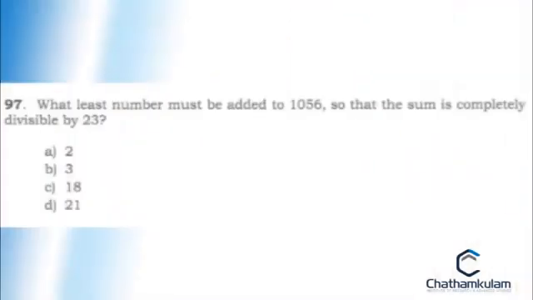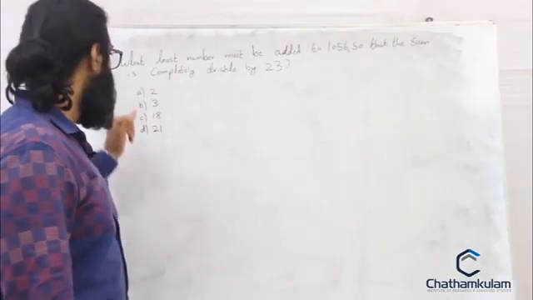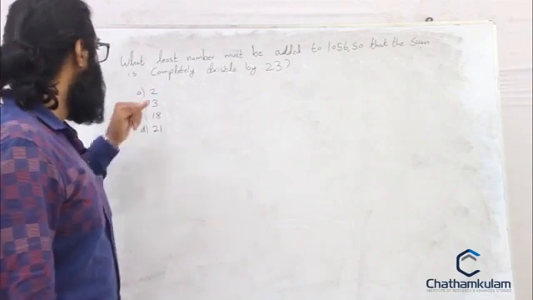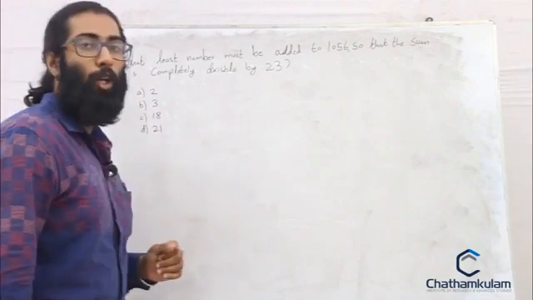What least number must be added to 1056 so that the sum is completely divisible by 23? We have 4 options. First one is 2, then 3, 18 and 21.